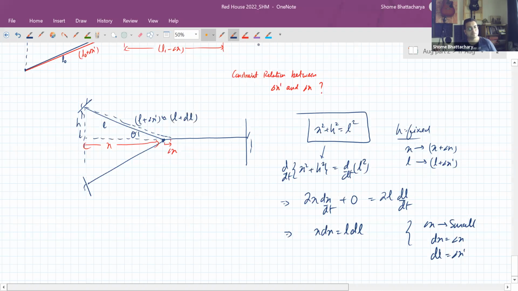So this total length here is length x plus dx. That is here. So that relation will go like this.